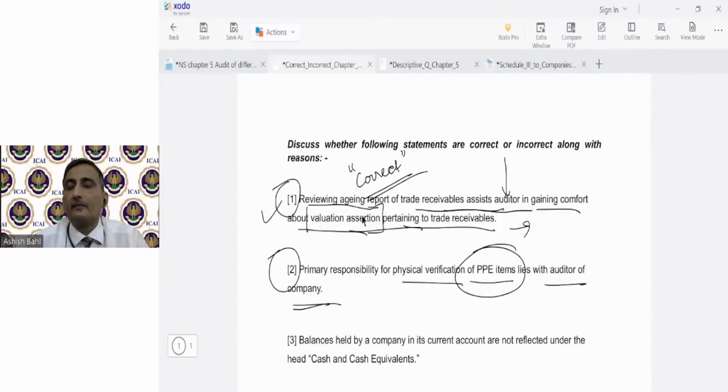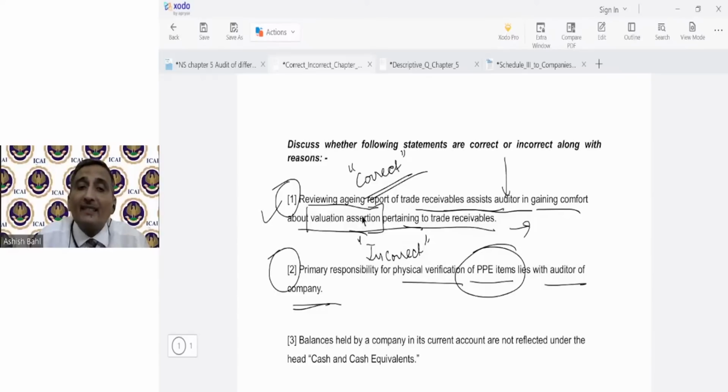Yes, it is incorrect. This point, students, I had harped upon many times in previous lectures also: that primary responsibility of physical verification lies with the management, lies with the company.